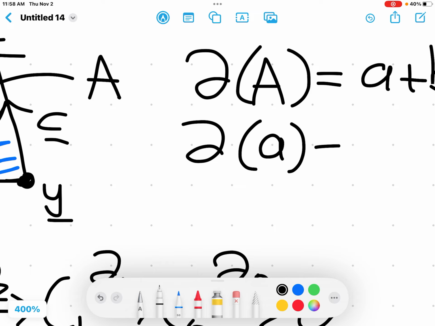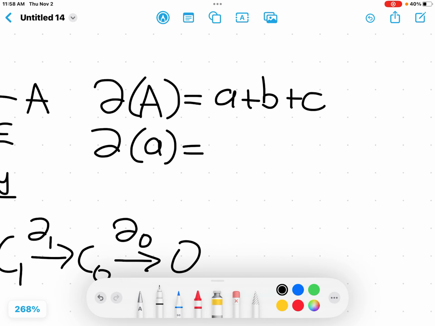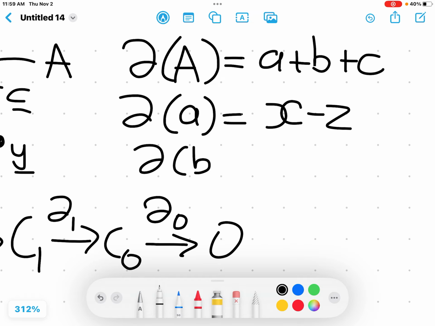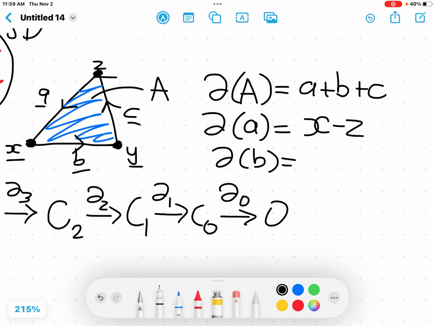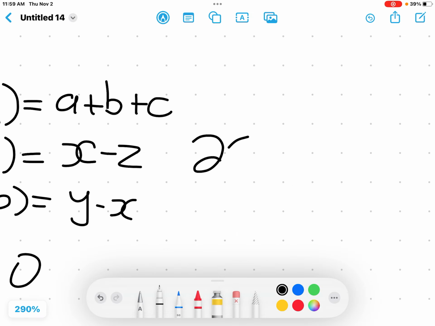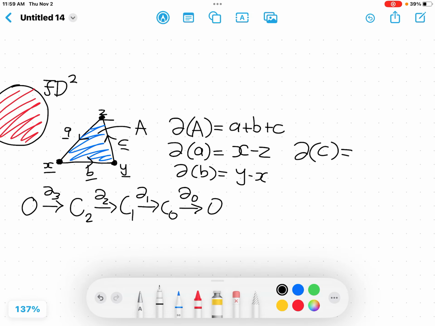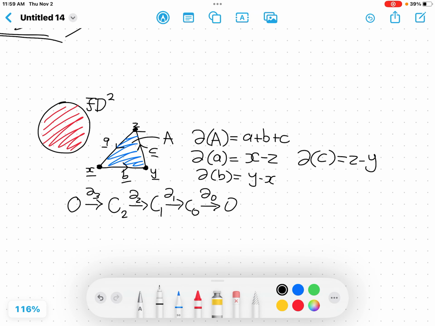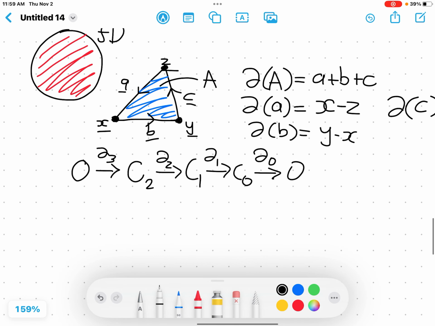The edge A is sent to X minus Z, del of B is Y minus X, and del of C is Z minus Y.